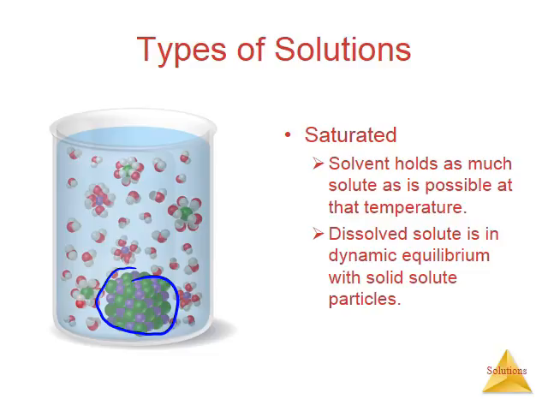Initially it would go in solution, but after some time the number of salt particles going in solution would equal the number of salt particles coming back to the solid, and that's equilibrium. And when it reaches equilibrium, you get a saturated solution at that particular temperature. That's the maximum amount of solute the solvent can hold.